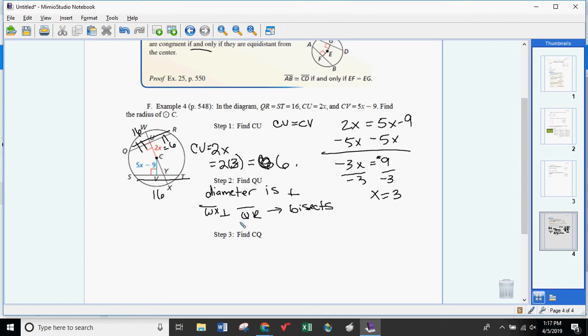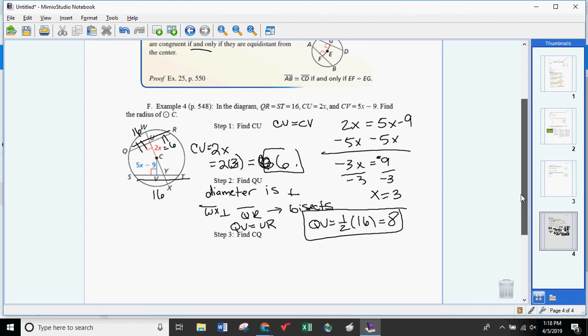So that means that QU equals UR, and we were already told that the total was 16, so QU is half of 16, or 8.